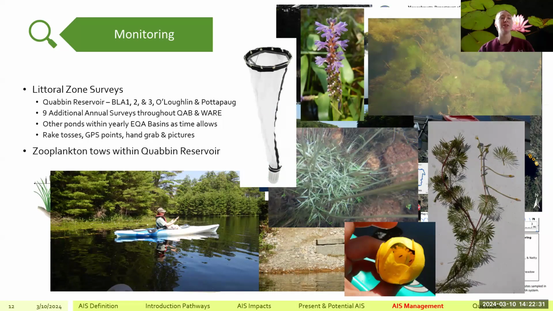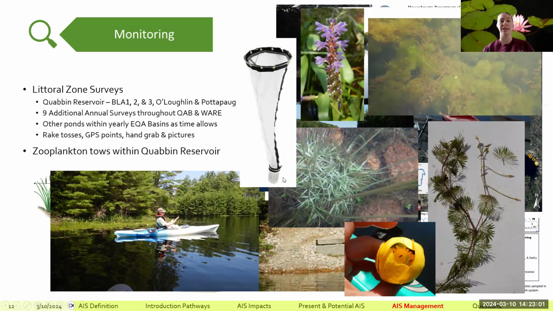So another type of survey that we do are our zooplankton tows. And so this is usually looking for the spiny water flea that we were talking about. In order to do this, we utilize this specialized net. It's a very fine mesh, which allows us to filter a lot of water through and concentrate our samples into this little basket at the bottom.